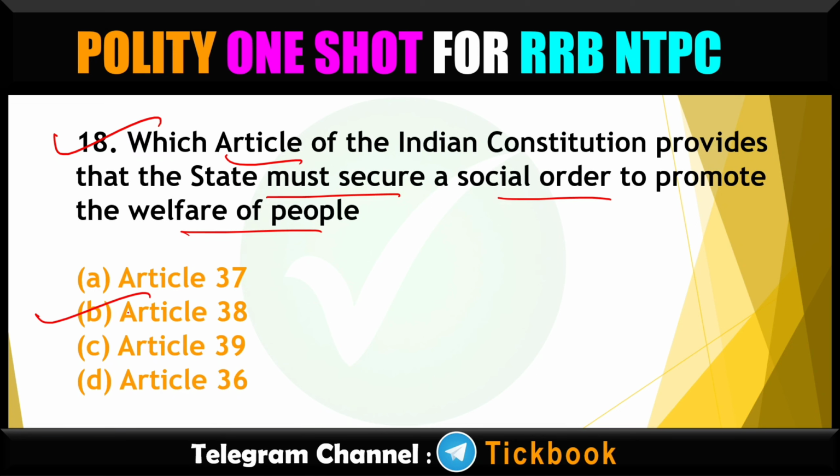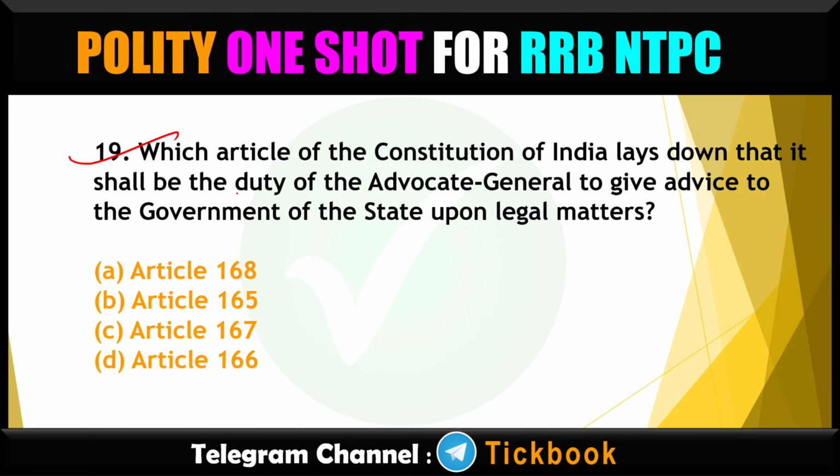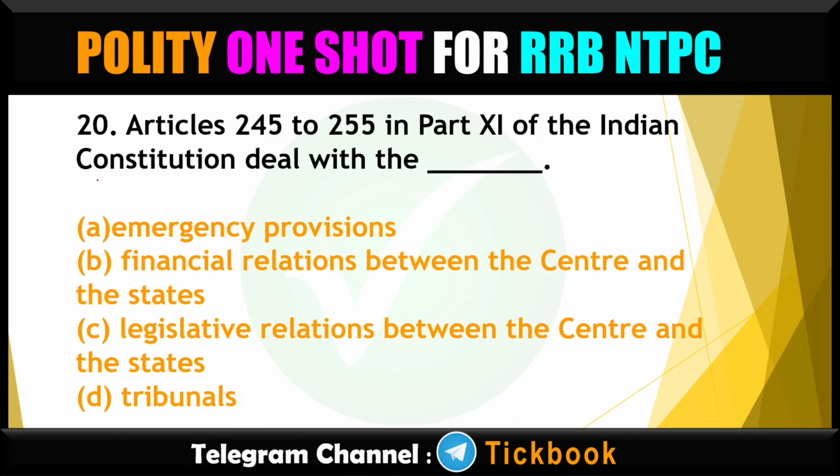Option number B, Article 38. 19. Which article of the Constitution of India lays down that it shall be the duty of the Advocate General to give advice to the government of the state upon legal matters? Option number B, Article 165.